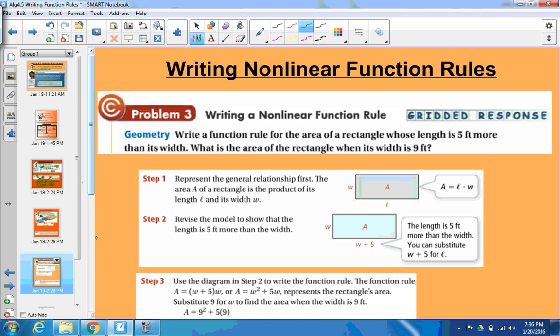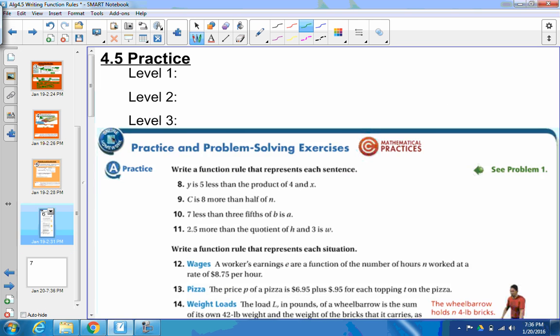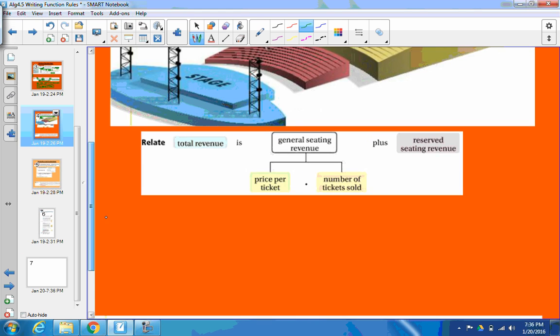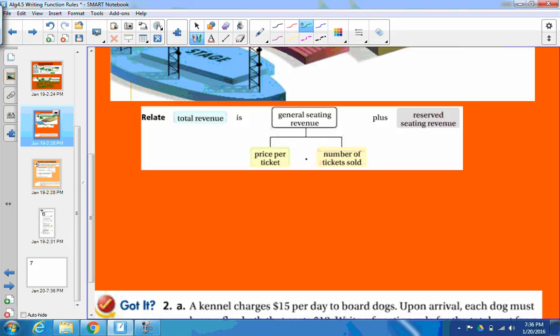So if we take that information, this is obviously going to be an equal sign, and we're adding, so that's going to be plus general seating. We don't know how many tickets are sold, so we're going to say this is N. So the price per ticket is $10 times N, plus whatever the reserve seating is.